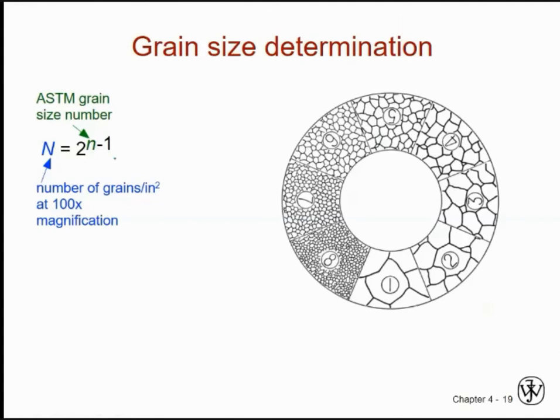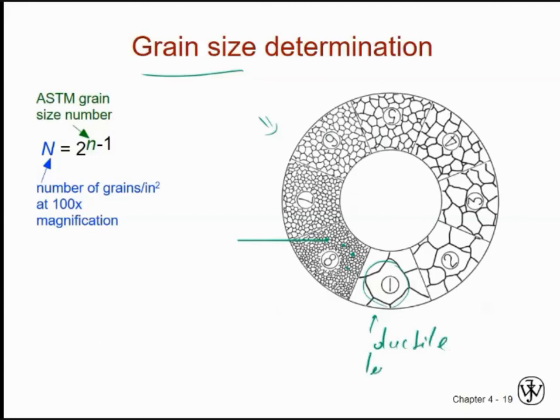One of the important things is to determine grain size. Why do we try to measure grain size? When I first look at this picture, I can see some grains which are bigger or smaller. When we have large grains, this kind of element over here will be more ductile.